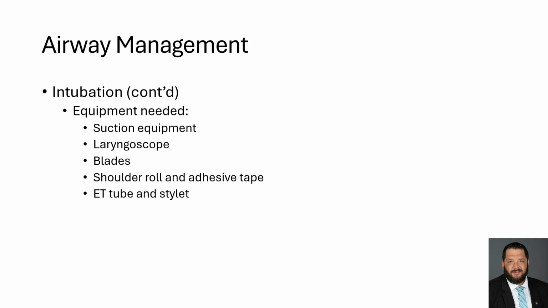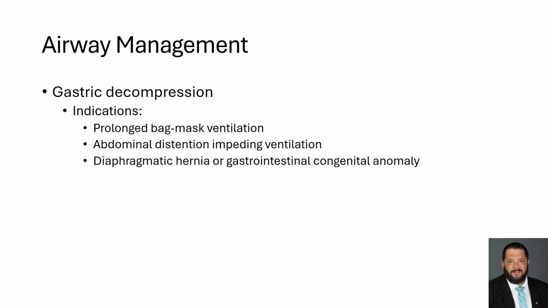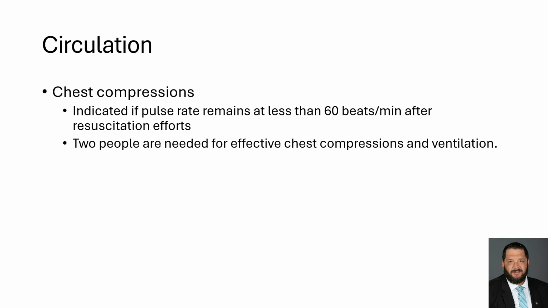Make sure you've got your equipment prepared prior to starting. You may need to decompress the stomach, specifically if you're assessing and identifying gastric distension. It could be due to prolonged bag valve mask ventilation, a diaphragmatic hernia, or other congenital abnormality.